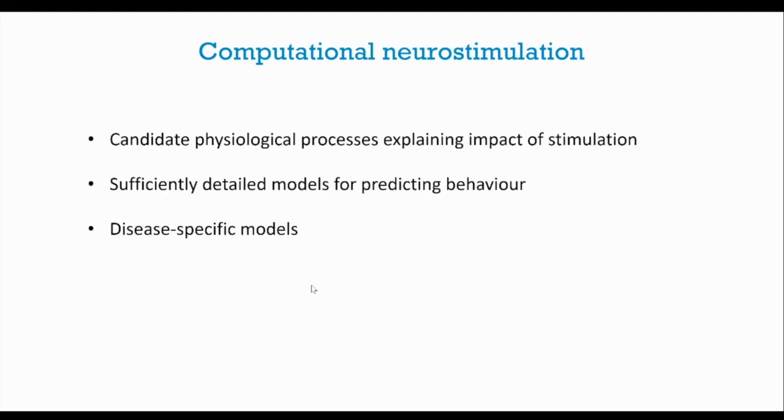So just to conclude and wrap up, the use of models, I think, is really important. It's a big challenge for the field going forward, especially how to bridge models across different levels of observation, and how to link them with models that look at targeting, such as current flow models.